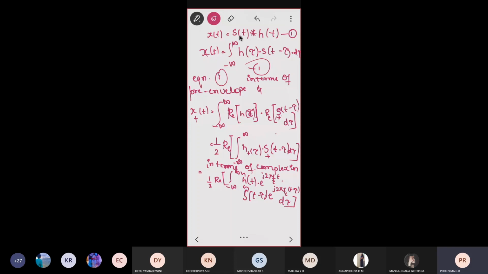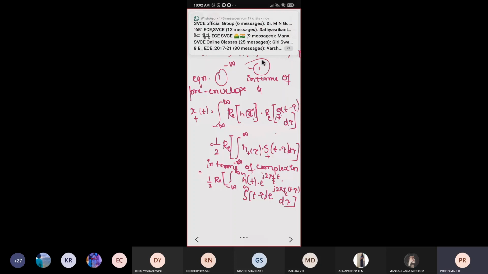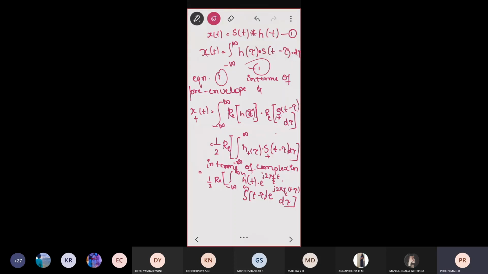Since there is a deviation in time, we take the deviation as delta t, which we represent as tau, the new time variable, because they have been deviated. You can call this equation 1.